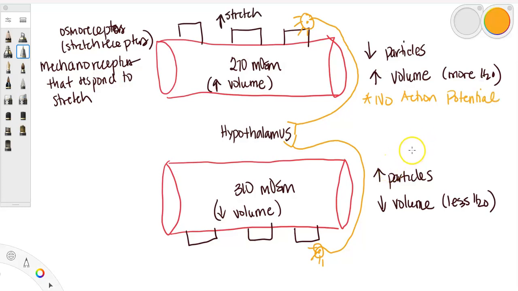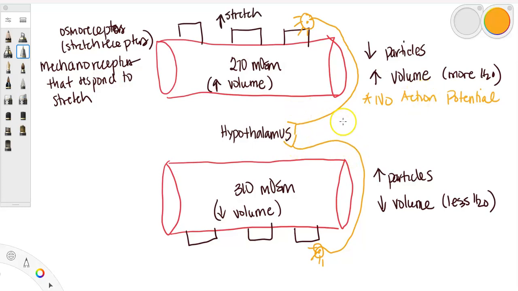Okay? Because osmolarity is maybe not fine, it's 270, normal's 280, but we have blood pressure. We're feeling the stretch. Okay? So the hypothalamus does not do anything at this moment. There's no action potential here. It's feeling the stretch.